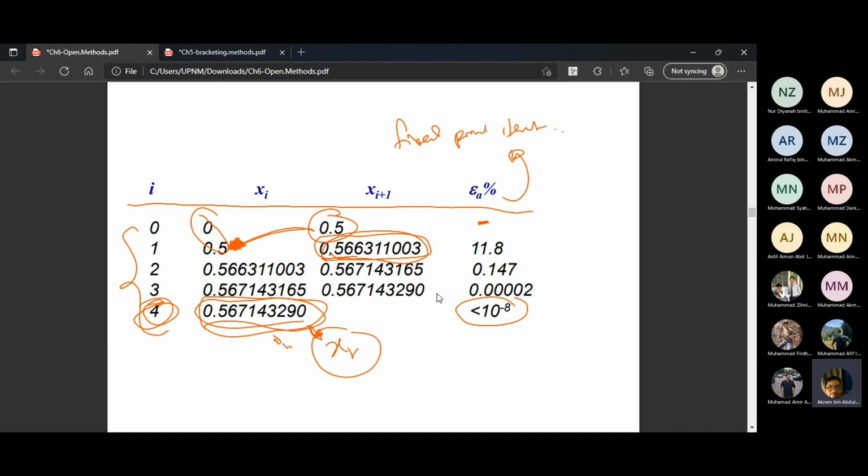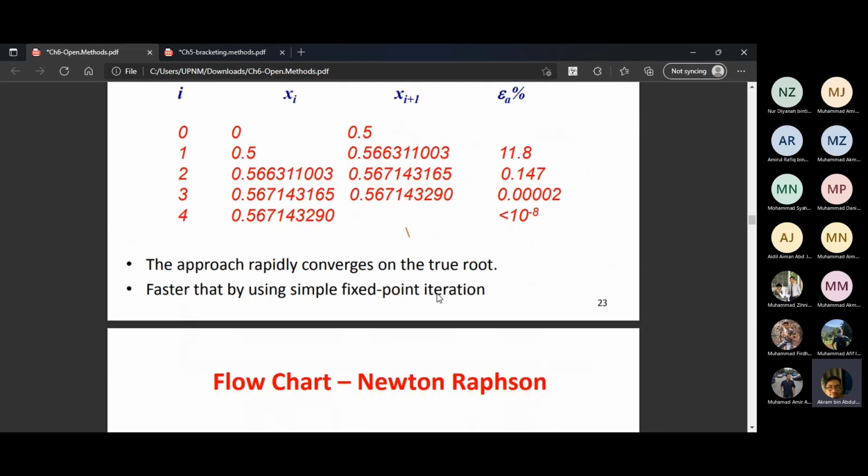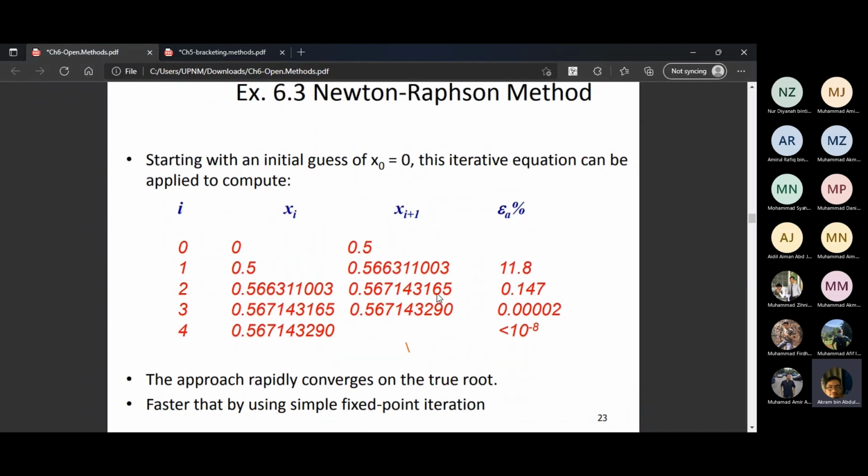So if we compare by using Newton Raphson and with the previous fixed point iteration method, we can see that by using Newton Raphson method, the approach will rapidly converge on the true root. So we only need 4 iterations to get such number of epsilon A. Kalau kita tengok yang sebelum tadi kita buat sampai 10 iteration pun kita masih dapat epsilon A yang tak sekecil ini.